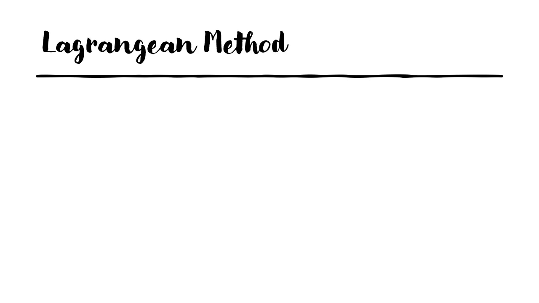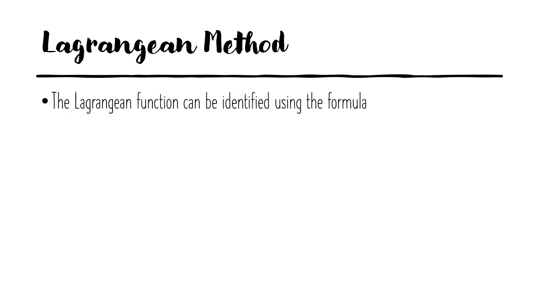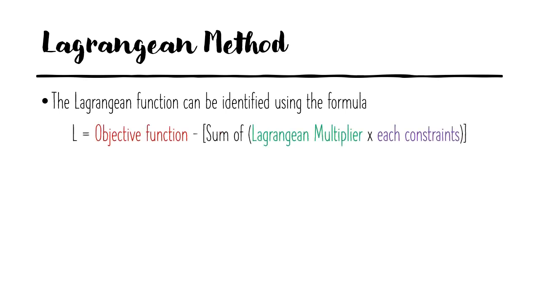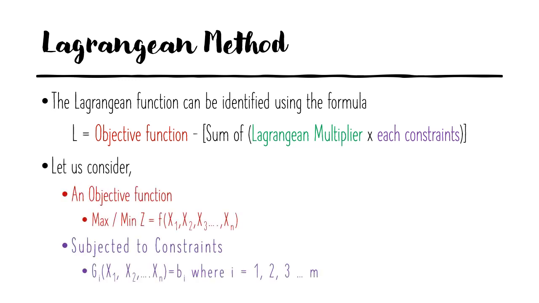Lagrangian method. To solve a problem using the Lagrangian method, we use a formula. Let me consider L, which is equal to the objective function minus the sum of the Lagrangian multiplier times each constraint. To elaborate this clearly, let us consider an objective function.